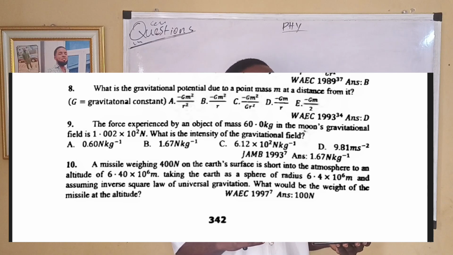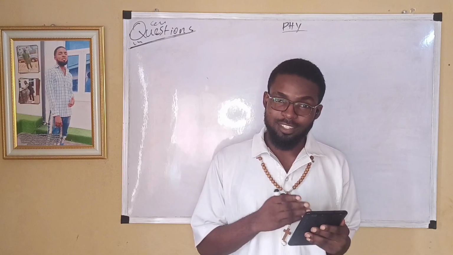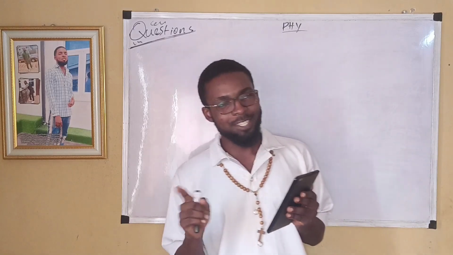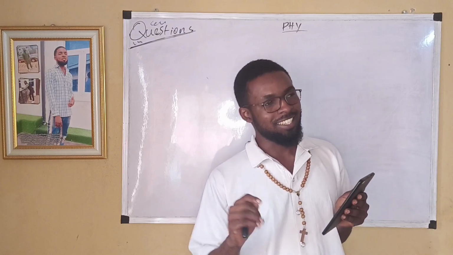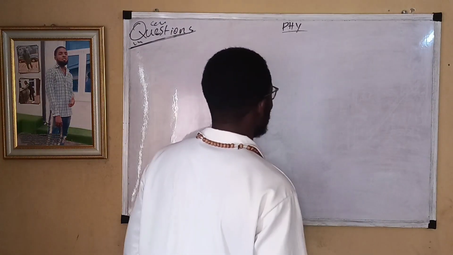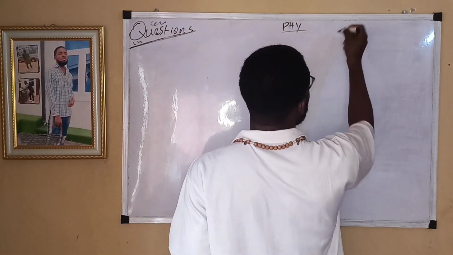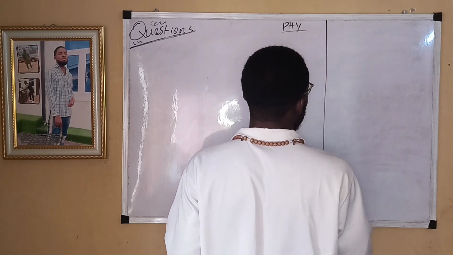Hmm. I wanted to say this question is very simple, but I don't want some people to feel offended. But let's bring out the parameters. This is under what? Gravitational field.